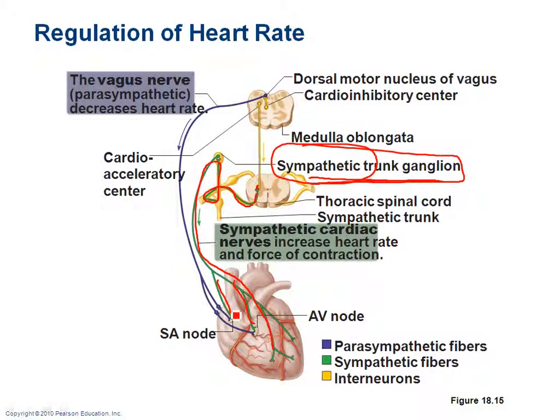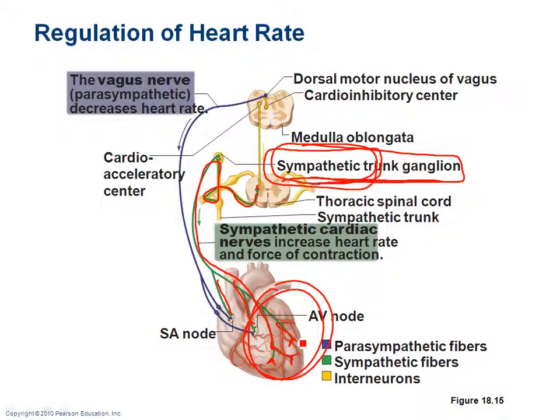So your heart rate goes up. If depolarization occurs more frequently, you're going to have more frequent contractions of the heart, so your heart rate will go up.